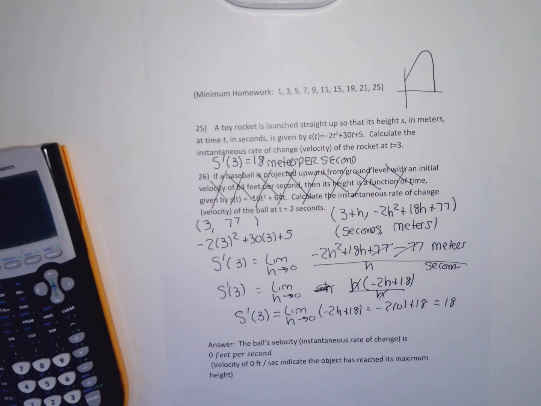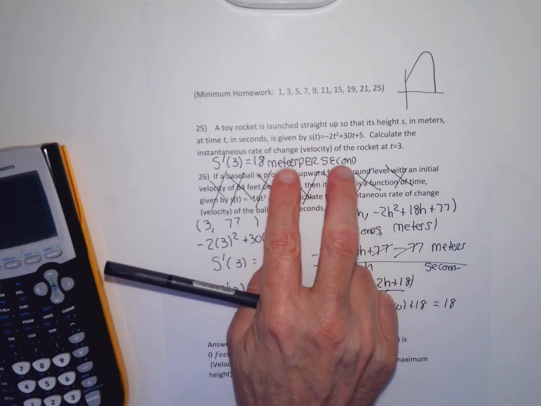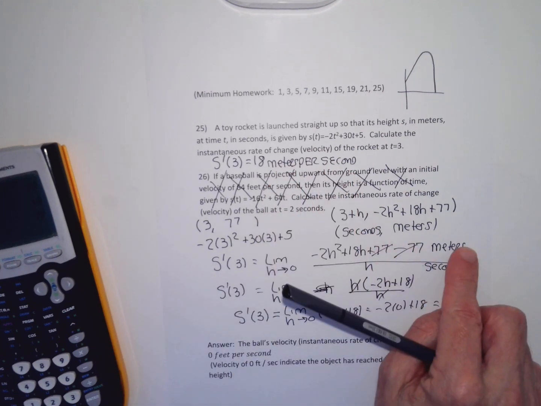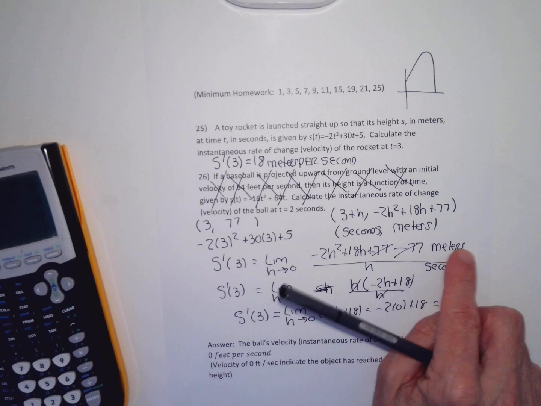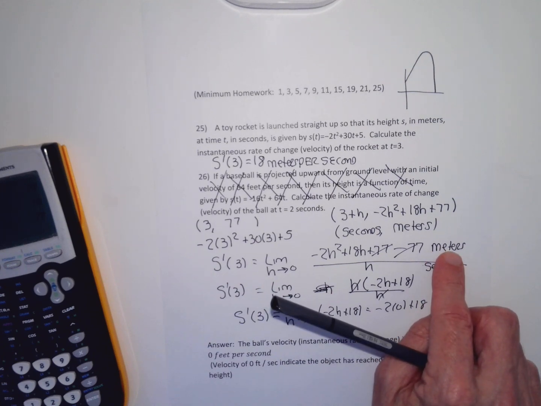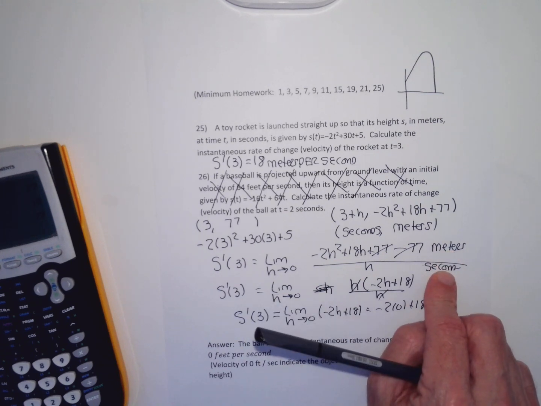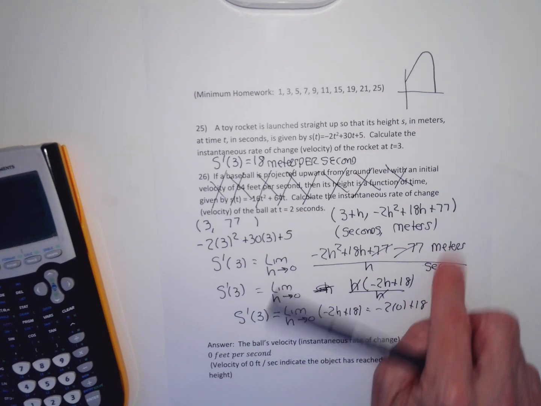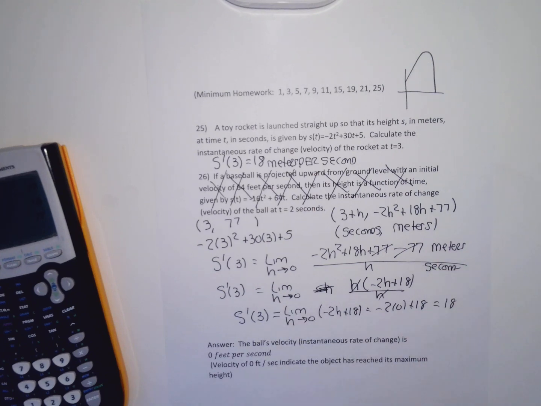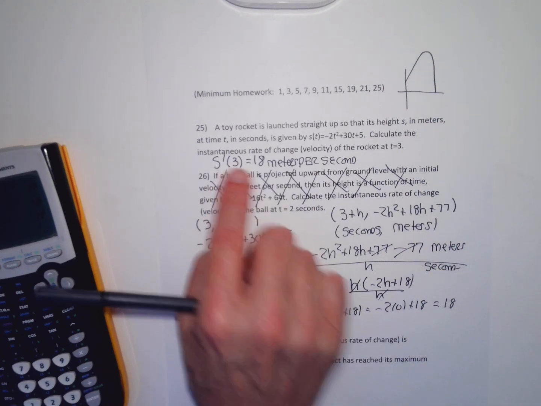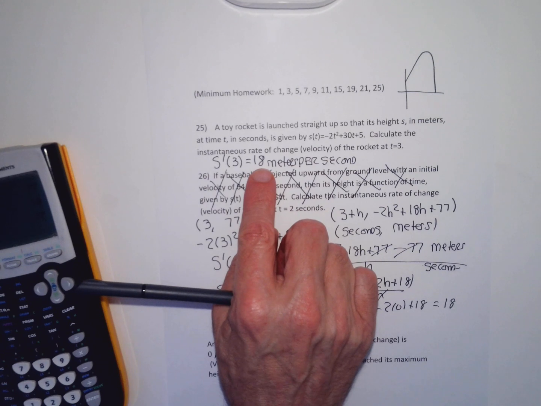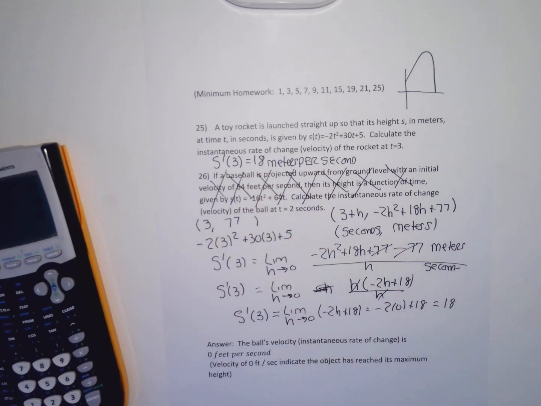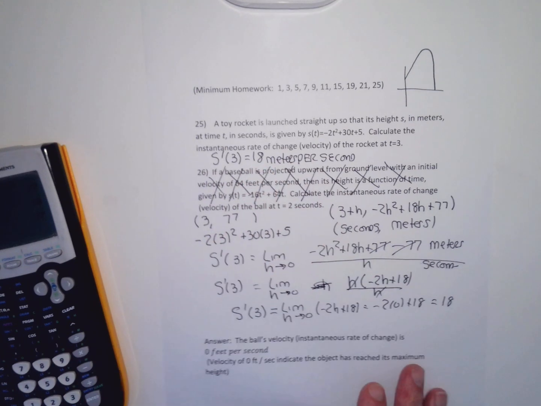In our class, when we do an instantaneous rate of change where the units are feet, meters, some sort of miles, some sort of length dimension, and the x's are times, you get velocity or the exact speed. So at 3 seconds, that rocket, its exact speed is 18 meters per second. That's what I've calculated here in problem 25.